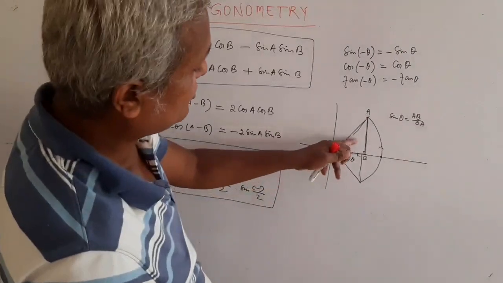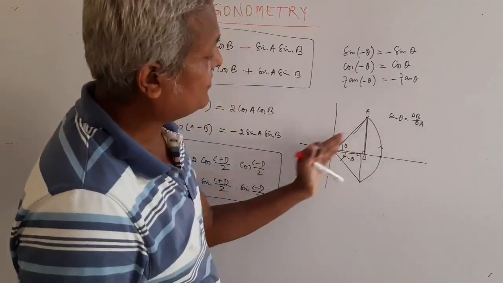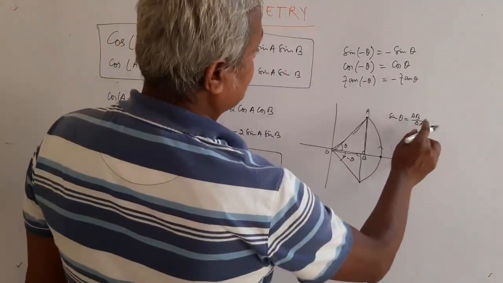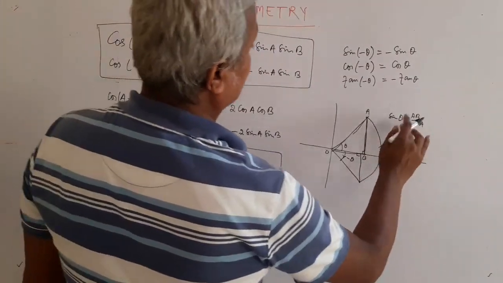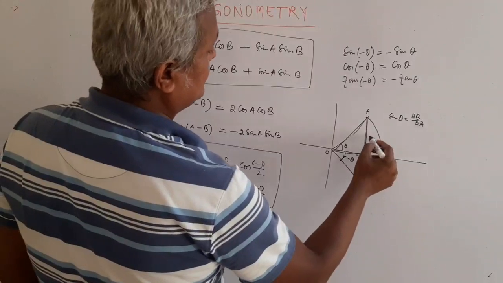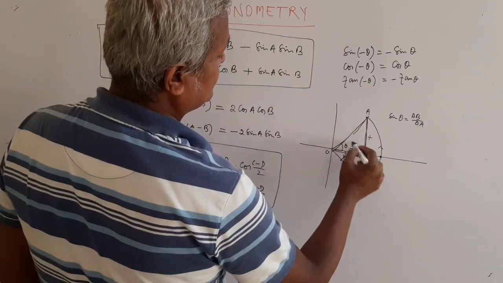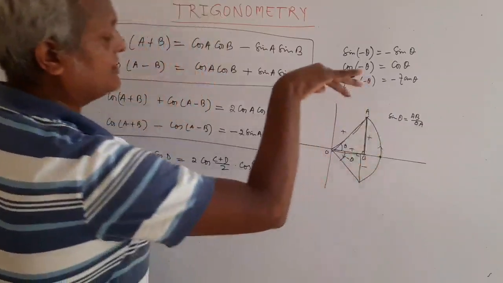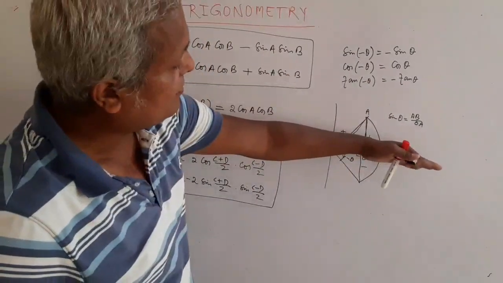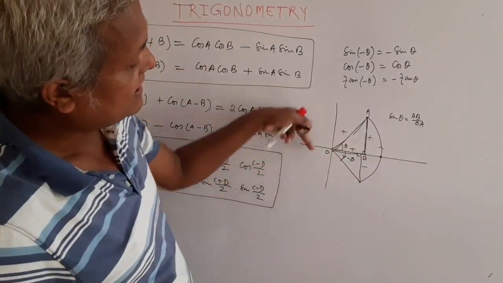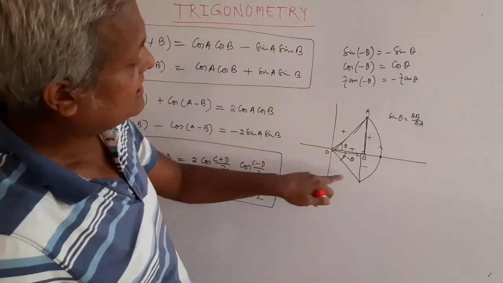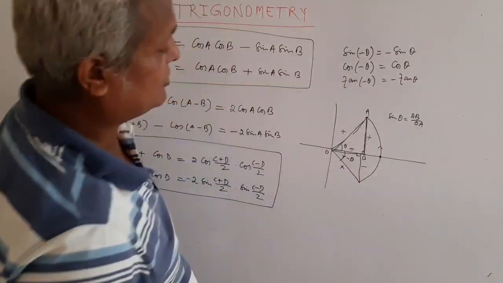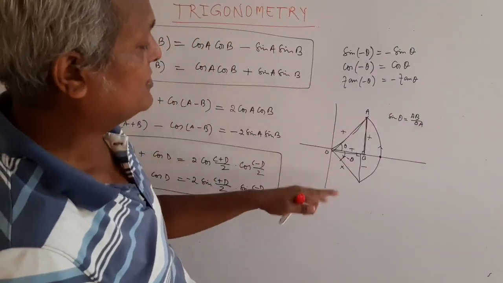So we are in the first quadrant, the positive direction of the x-axis, so OB is positive. So sine theta is positive. Same way cos theta will be positive because this is positive, this is also positive. But when you go down, this is negative because we are just below the x-axis, in the negative direction of y-axis. This will remain positive because hypotenuse we consider always positive.